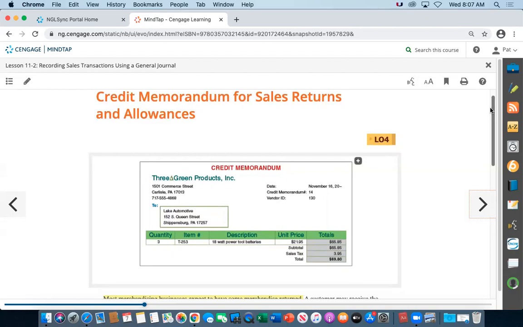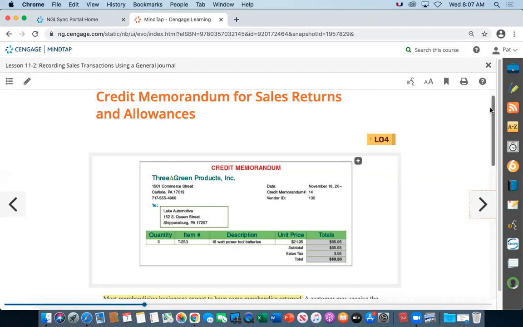And so now we're going to continue to do different transactions that will end up appearing in the general journal. And one of them will be this credit memorandum. When I hear credit memorandum, I think you're going to credit accounts receivable in the company.